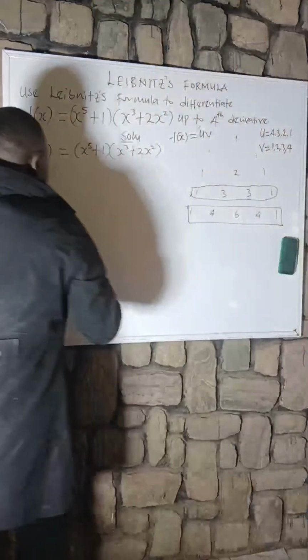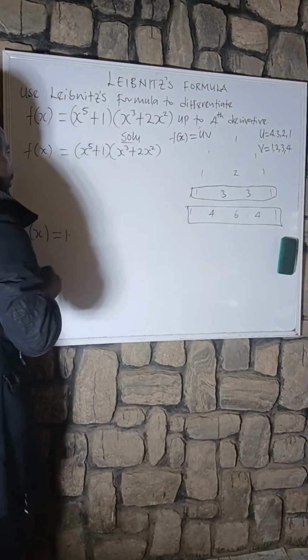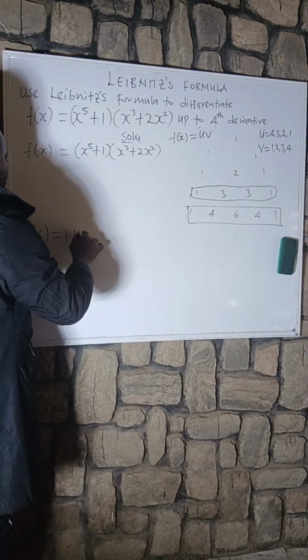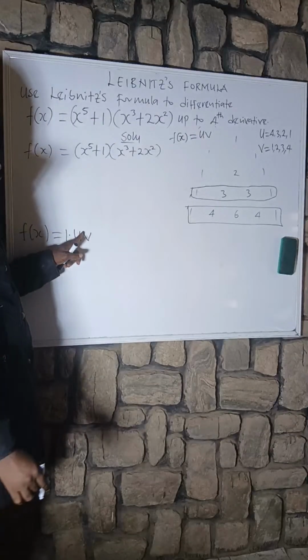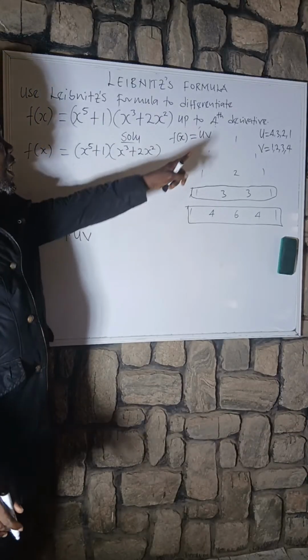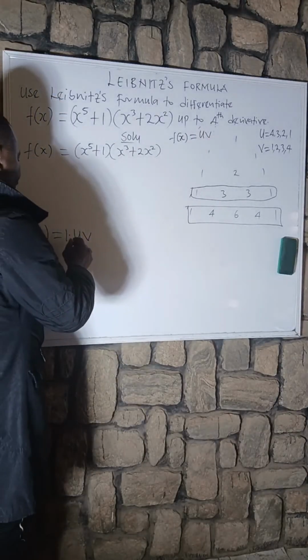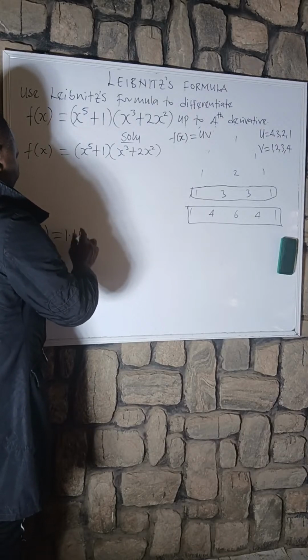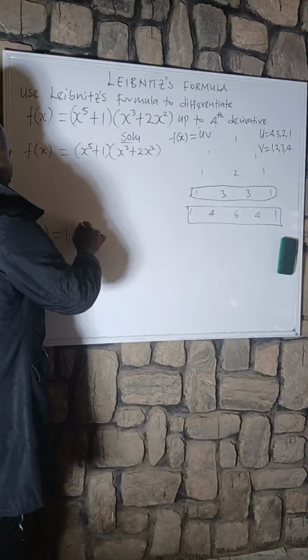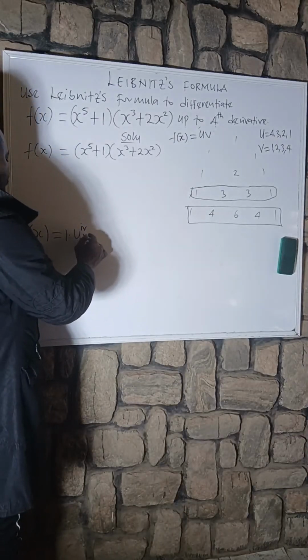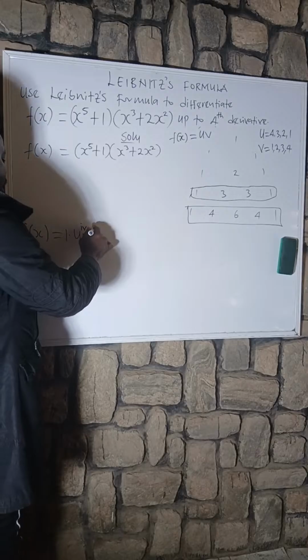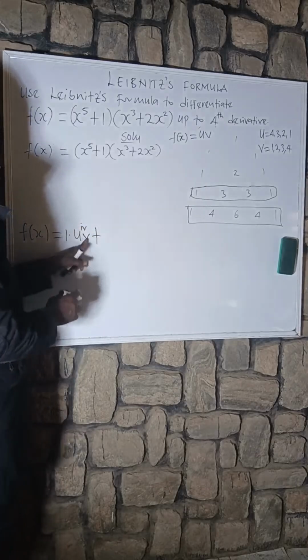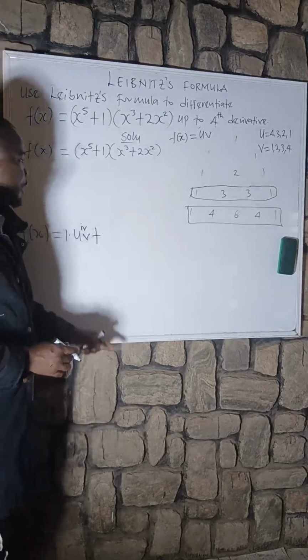So it means 1 times uv, the power of u is raised to power 4, right? So we are going to write it this way. u to the power 4, then v. Then plus, because v is 1, the power of v is 1.